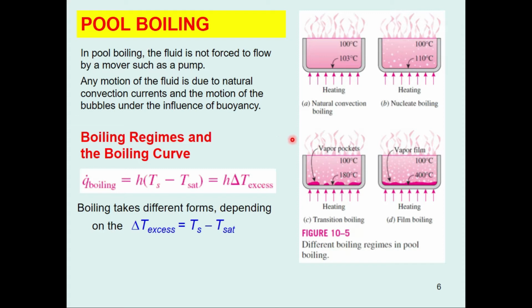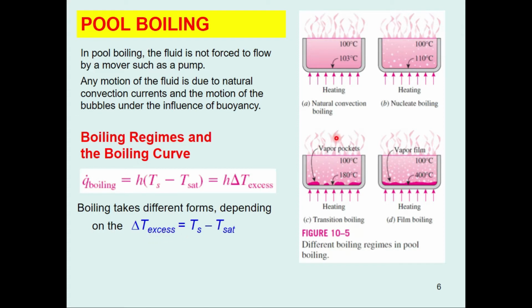So these are the four different boiling regimes in the pool boiling. The first one is the natural convection boiling. How can we say that it is the natural convection boiling? We will say that based on this delta T excess.